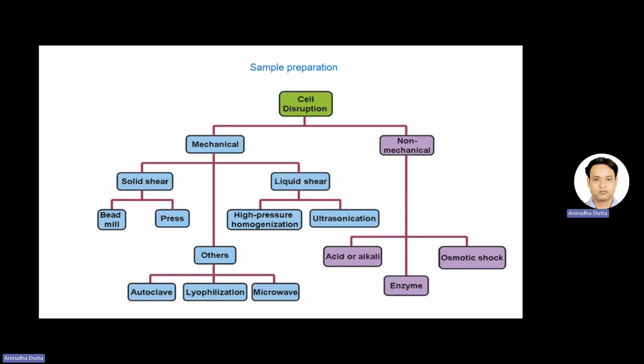Acid and alkali lysis we normally do for DNA extraction, but not for protein extraction. For protein, we will do either enzyme or a very polite detergent, which is not harsh on the protein structure. So let's discuss one by one some of the cell disruption techniques.